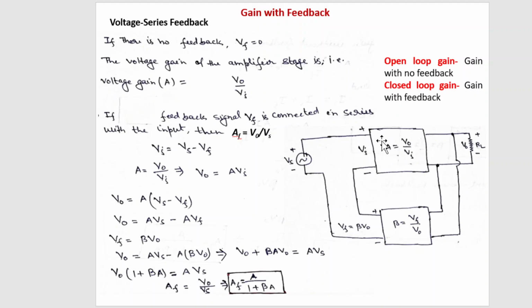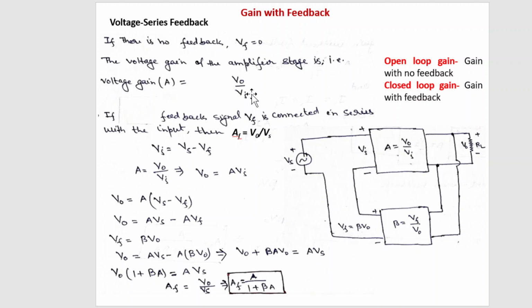What do we know? We know A, gain without feedback, and feedback, that is beta. So we have to calculate this AF in terms of A and beta. Let us see whether AF is increasing or decreasing with this type of feedback network. Remember, this feedback is negative feedback.